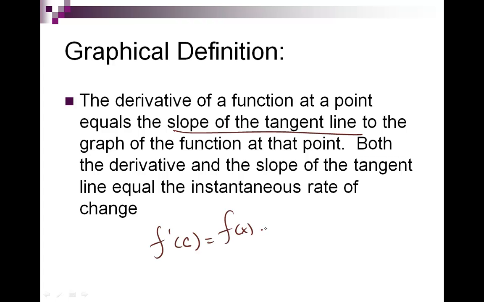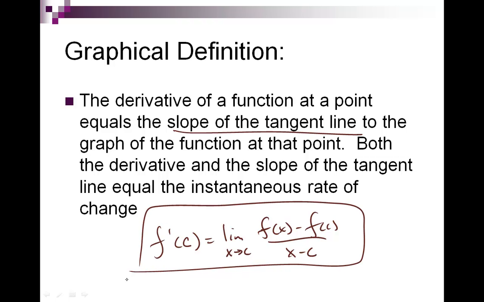F prime of c is the limit as x approaches c of f of x minus f of c over x minus c. That's the derivative algebraically. The derivative graphically is the slope of the tangent line. Those are the two definitions for 3.2. And that's it.